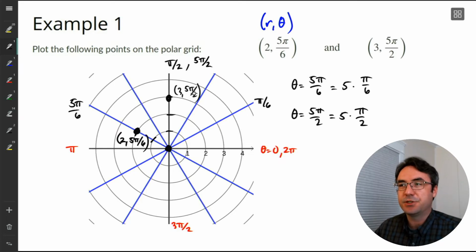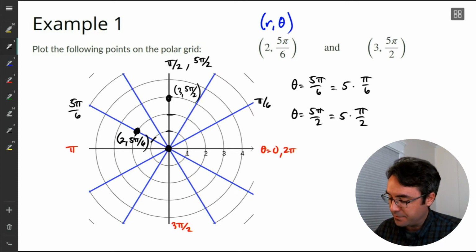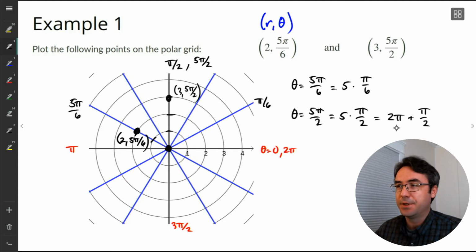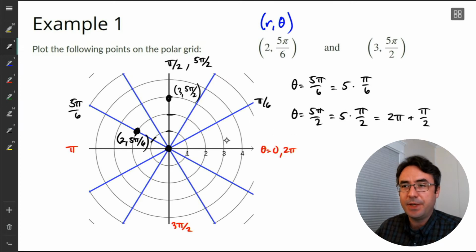So essentially what we did here is we went fully around the circle once, and then we went an additional pi over 2 radians around the origin. So another way to think of this is we can think of this as 2 pi plus pi over 2. So this 2 pi here means we just went fully around the circle.